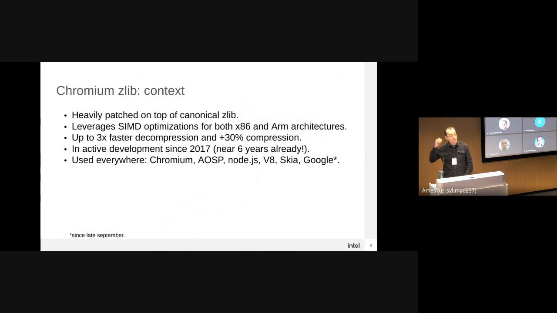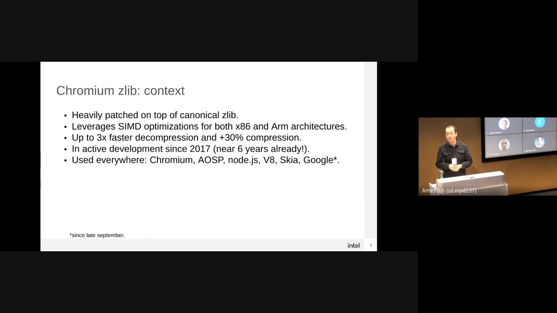Right, so a little bit of context. Chromium has a patched zlib that uses SIMD optimizations for both x86 as also ARM architectures. So it can be up to 3 times faster than, say, a vanilla zlib for data decompression, and up to 30% faster for data compression.